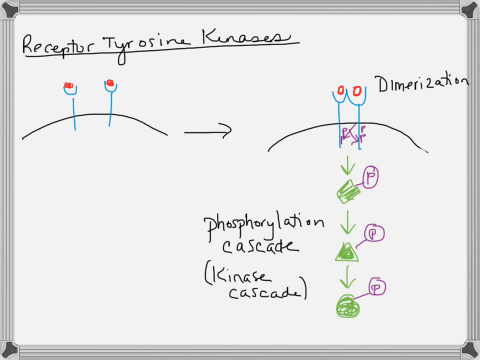And that will ultimately lead to the activation of some sort of effector protein that will then alter the behavior of the cell. And so I want you to keep in mind receptor tyrosine kinases, because the paper that we'll be discussing in class on Wednesday is about a particular receptor tyrosine kinase called EGFR, or epidermal growth factor receptor.